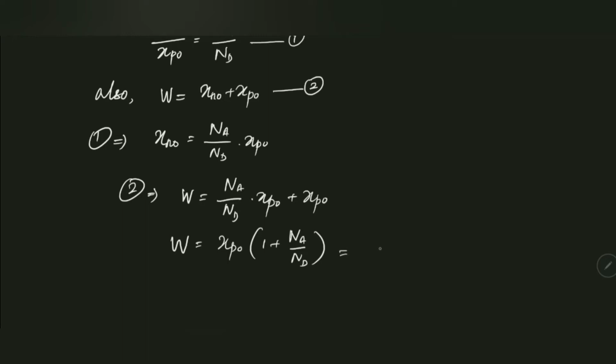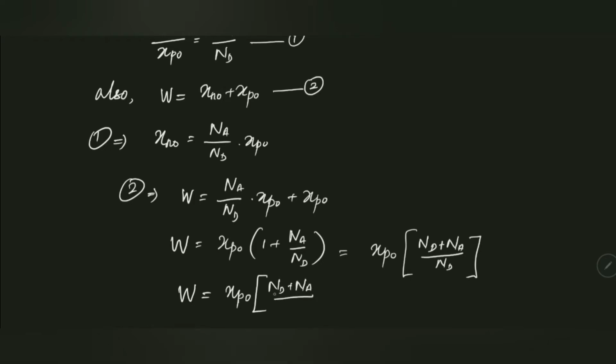For simplification, taking the LCM, we write x_p0 into N_d plus N_a divided by N_d. This is the width, so I'll rewrite this equation as W equals x_p0 into N_d plus N_a divided by N_d, right?